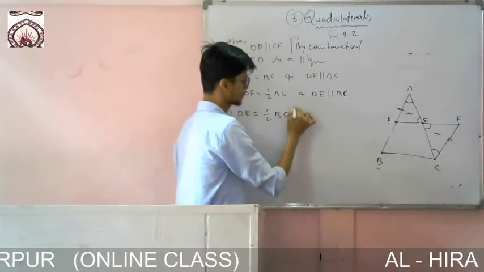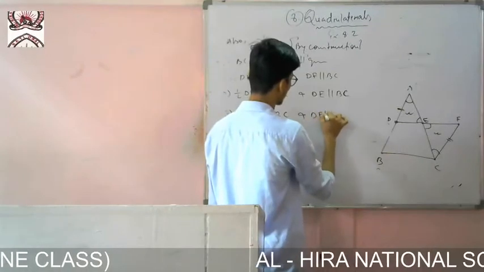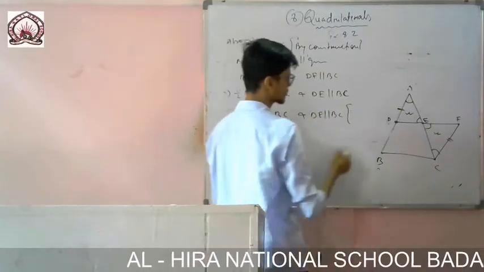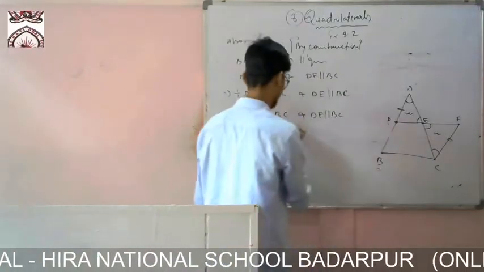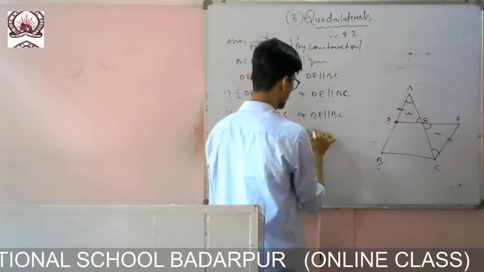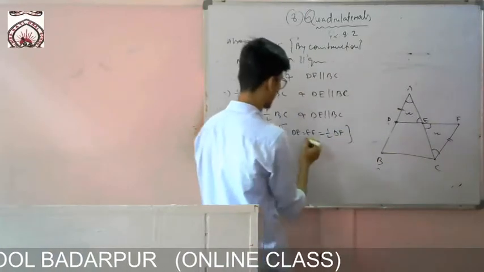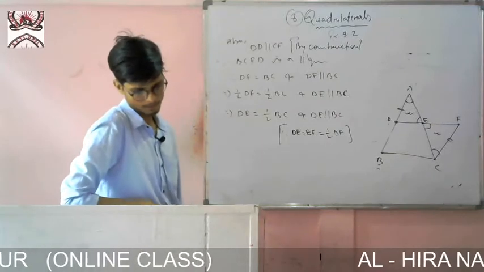You write this part same, and DE is parallel to BC, and there you write the reason like this. I am writing the reason here. You write, since DE is equal to EF is equal to half of DF.